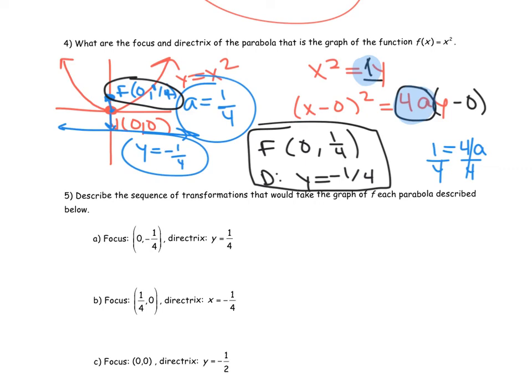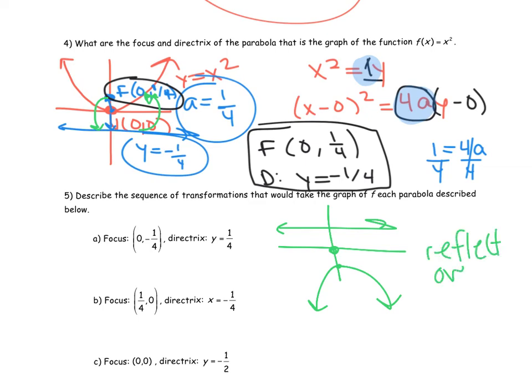They're saying move the focus down here and move the directrix up above. Here's my vertex, and now the focus is here. That was just reflected over the x-axis. So this is just a reflection over the x-axis.